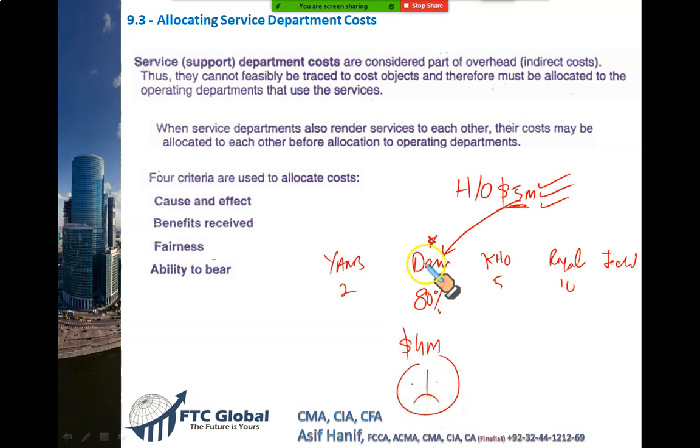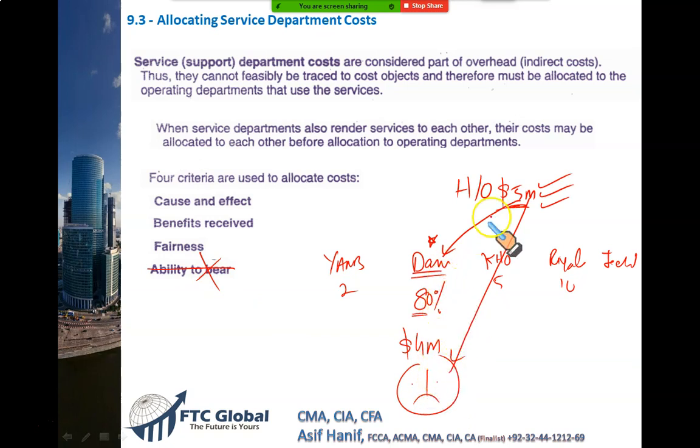Why? Because Dammam is doing well, Dammam is rich, Dammam is generating more sales, and you are charging almost all the cost to Dammam. This is called ability to bear. This is bad. You are charging more cost to Dammam because Dammam has deep pockets.